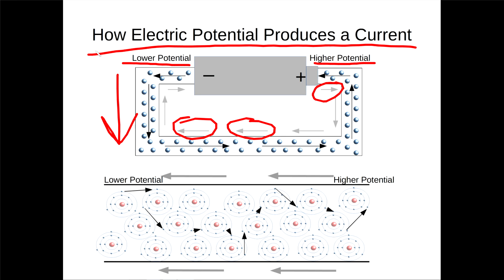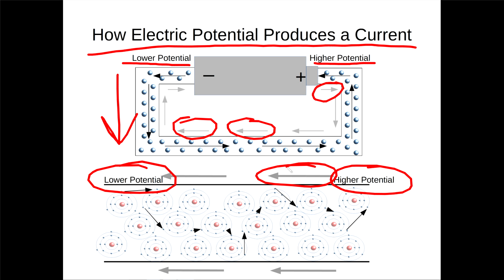Really, as we can see down here, here's that same wire. If we zoomed in a lot, there's the higher potential, the lower potential. The electric field points from that higher potential down to the lower potential. And if you can see down here, it actually causes these electrons to jump from shell to shell of these atoms, and overall they're moving in a rightward direction from a lower potential to a higher potential. And that is what actually causes a current.